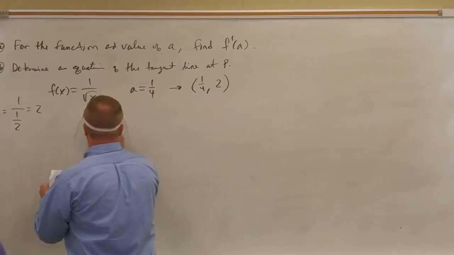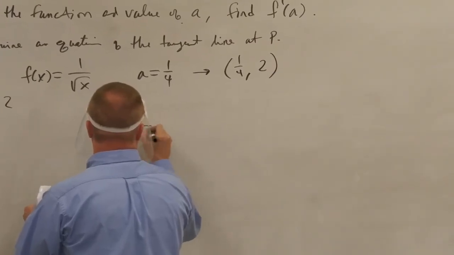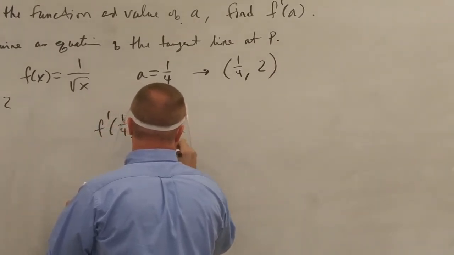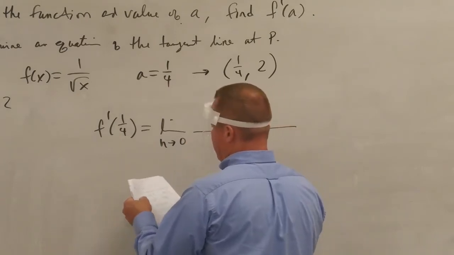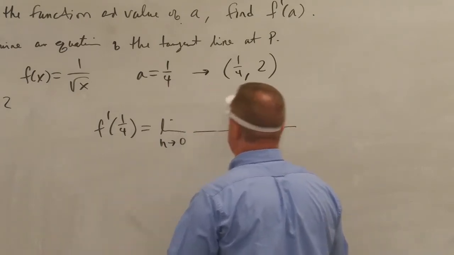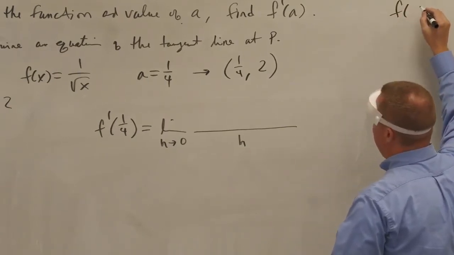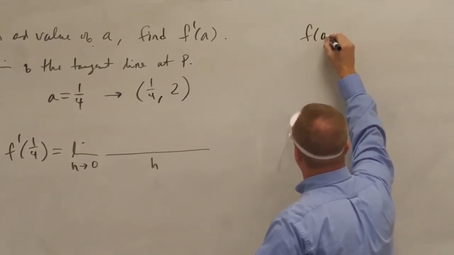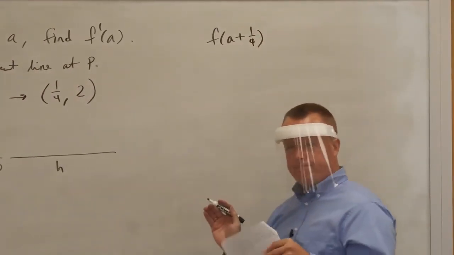All right, so the derivative at 1/4 is the limit as h approaches 0 of f at a plus h. Well, f at 1/4 plus h.